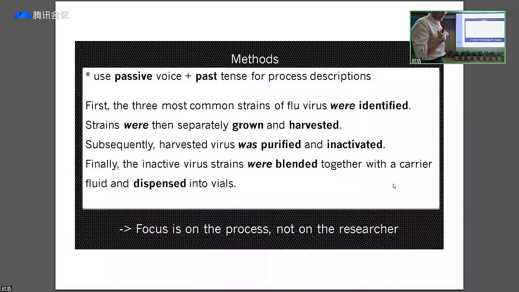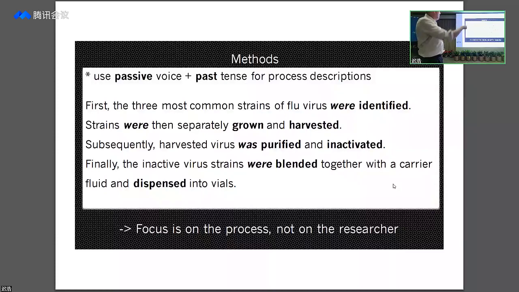You don't have to say we identified. We know it is you because you describe your own method section. So use passive and use past tense. Do not use present tense. It makes no sense. You are finished with your experiments by the time that the readers read your paper. So there's no meaning in using present tense.